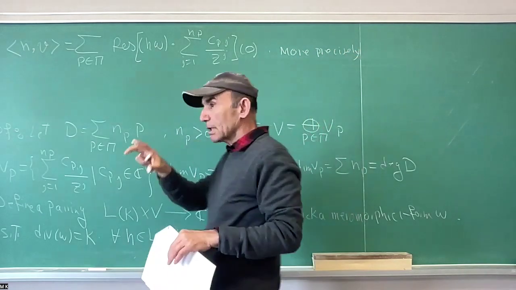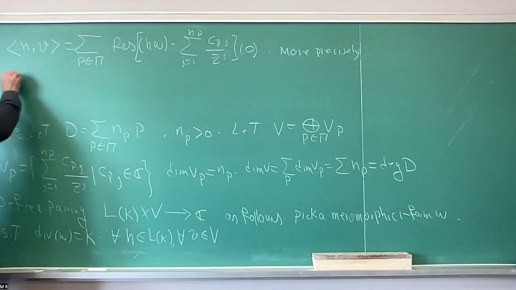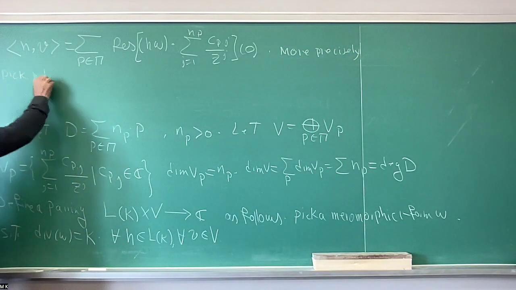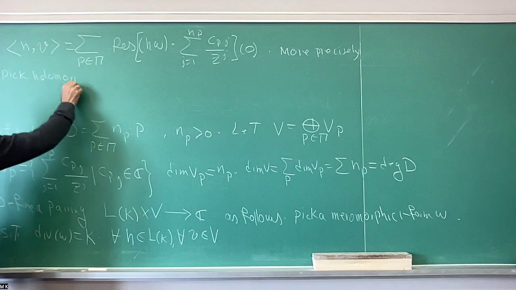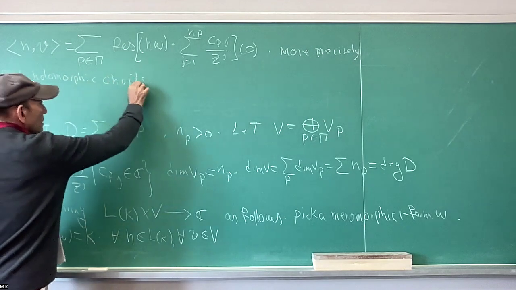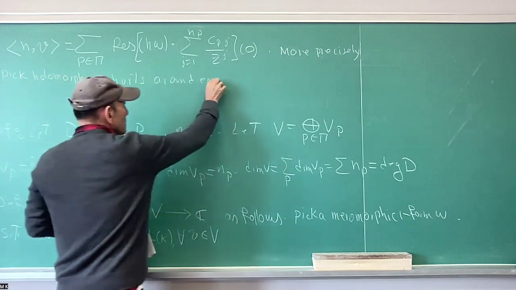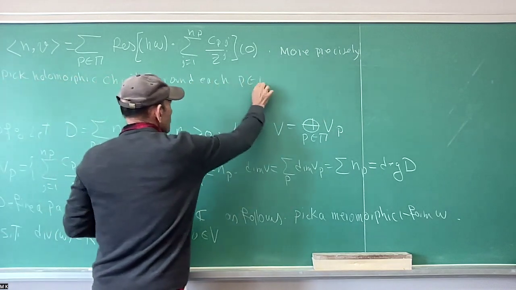So we just pick holomorphic coordinates, holomorphic charts, around each p belonging to pi.